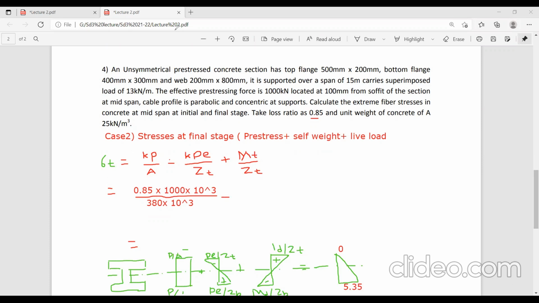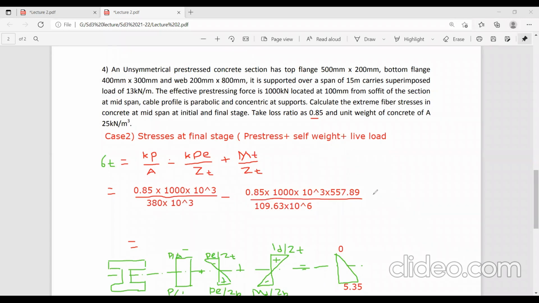Then next minus 0.85 into 1000 into 10 raised to the power 3 into eccentricity, 557.89, divided by Z t, 109.63 into 10 raised to the power 6 mm cube.